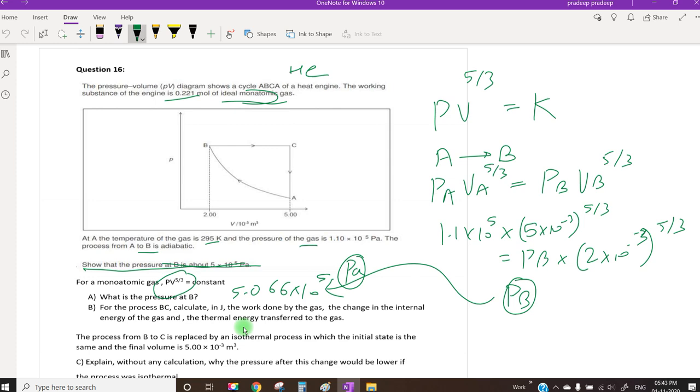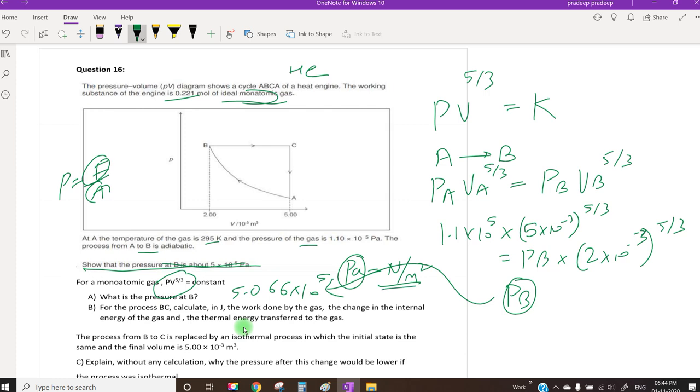Not sure, sir. Okay, Somil, could you tell me? I think it's Newton per meter square. Yes, it is correct. See, because pressure is equal to force per unit area. So force is in Newton, area is in meter square. So 1 Pascal is actually 1 Newton per meter square. This all of you should remember.